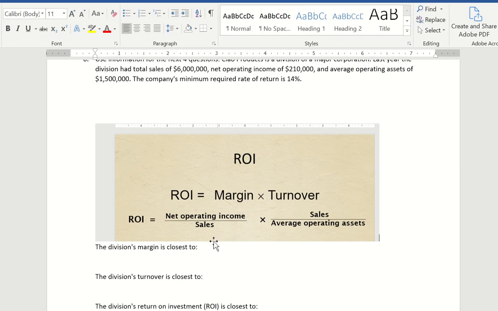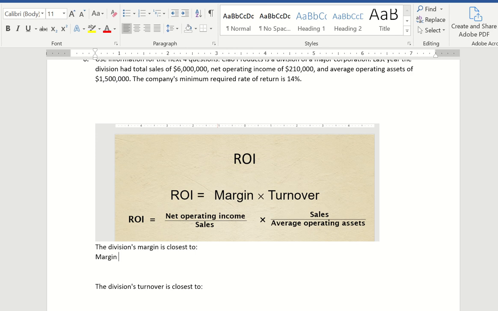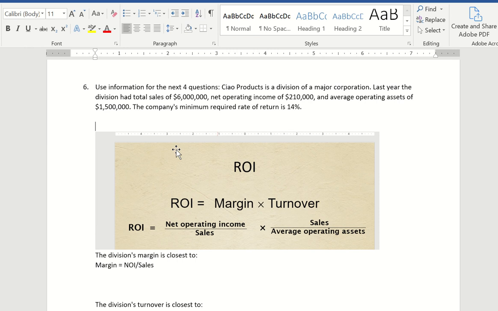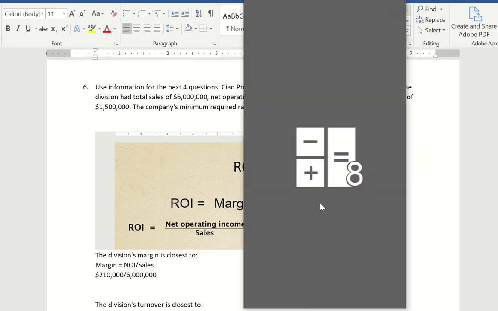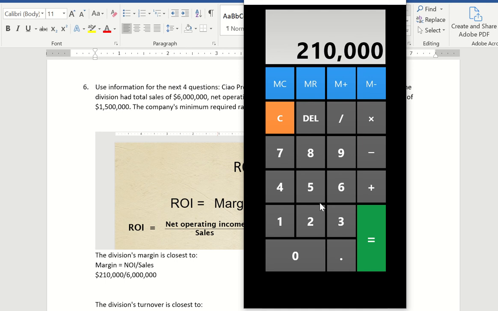The division's margin. Margin equals NOI over sales. So I'll look at my NOI, which is 210,000, divided by sales, which is, let's see, last year the division had total sales of 6 million. So I can do 210,000 divided by 6 million.